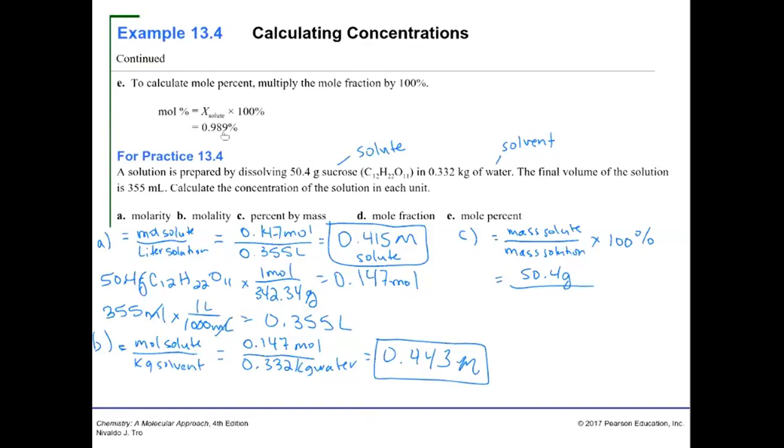But we are given the mass of the solute and the mass of the solvent, so we can actually add those. We just have to make sure our units match to figure out the mass of the solution. So we've got 50.4 grams of our solute plus, and we have to make our units match, 332 grams of water.